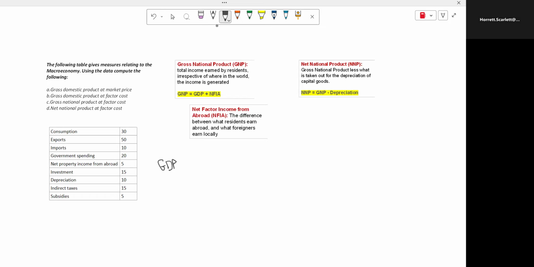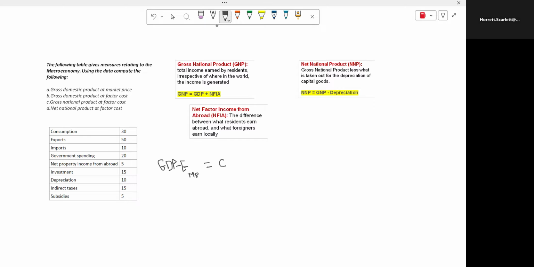So therefore that means we are left with GDP-E, expenditure. And remember, expenditure is also going to be at market prices. So what's the formula for GDP-E?